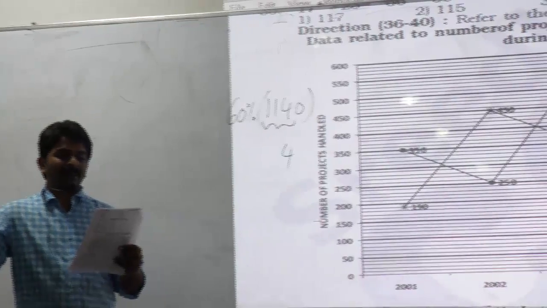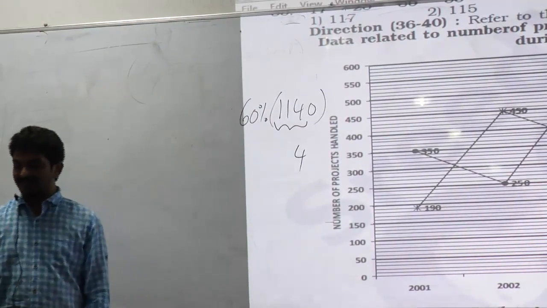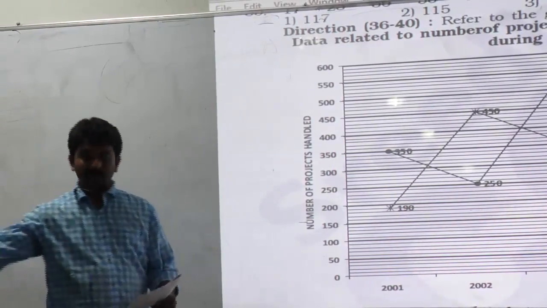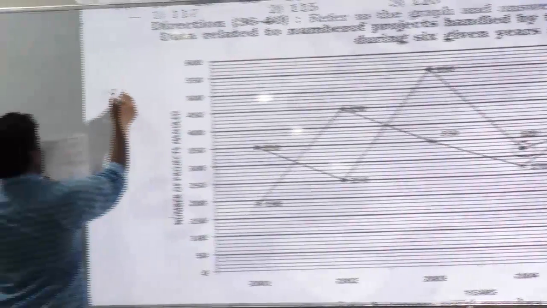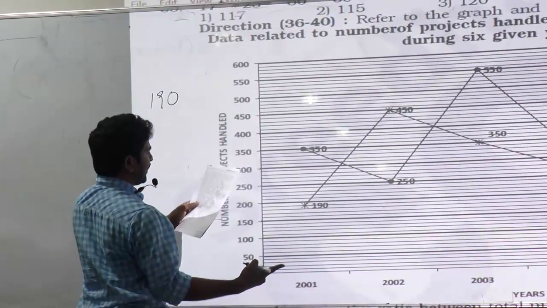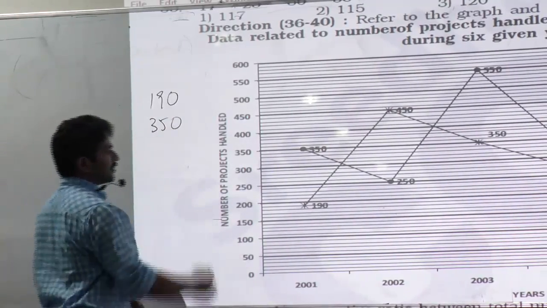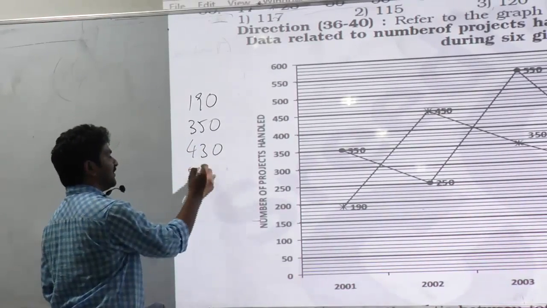What is the average number of projects handled by company A during 2001, 3, 5, 6? This is for project A. In 2001, 190, and then 2003, 350, 2005 and 6, 430, and then 570.